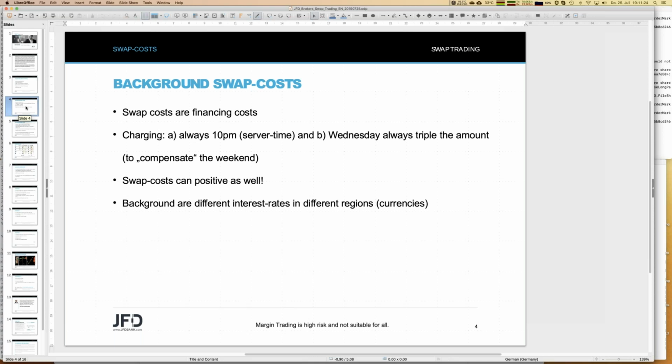Every night at 10 p.m. server time, you would be charged with those financing costs. You see them in an open trade explicitly, and if you have that trade constantly open, you would see that number increase. Okay, that's exactly because you have to pay every night.